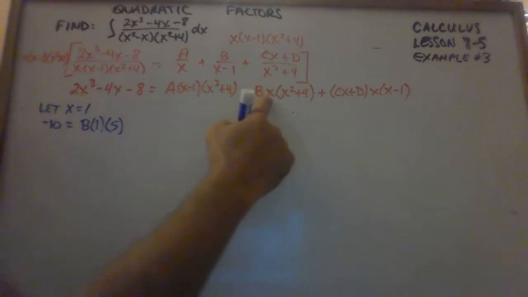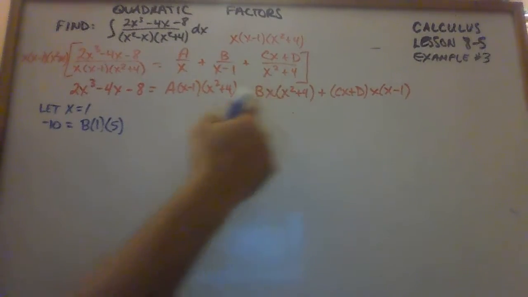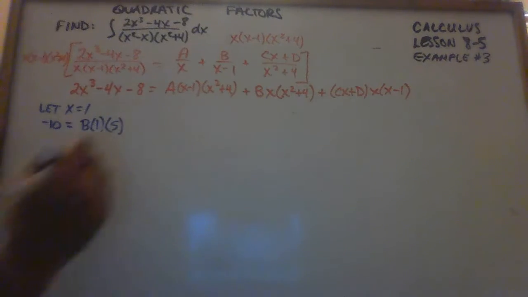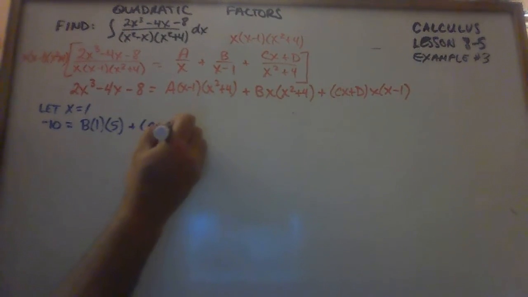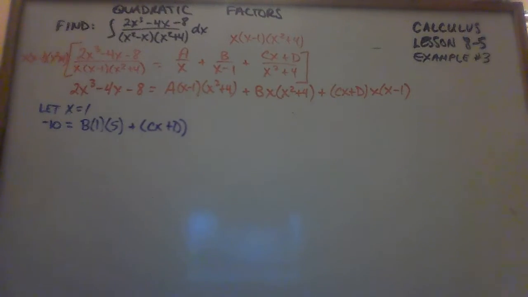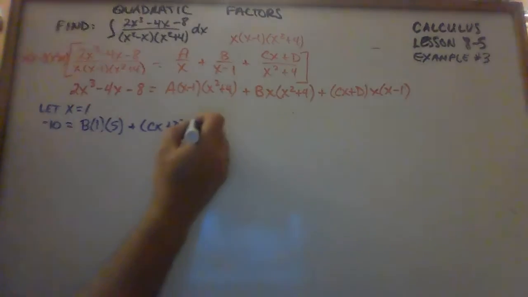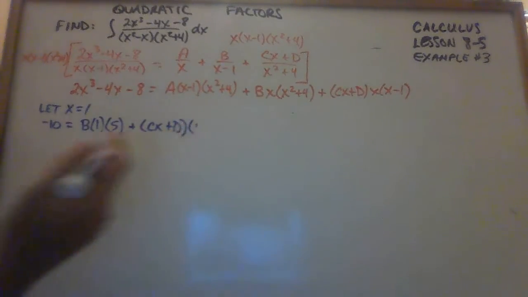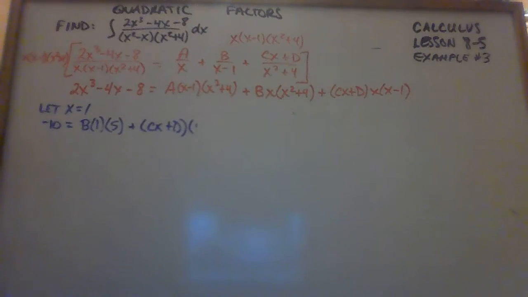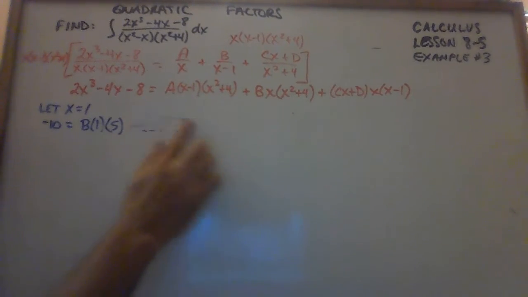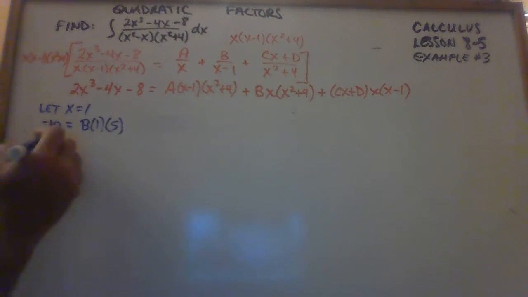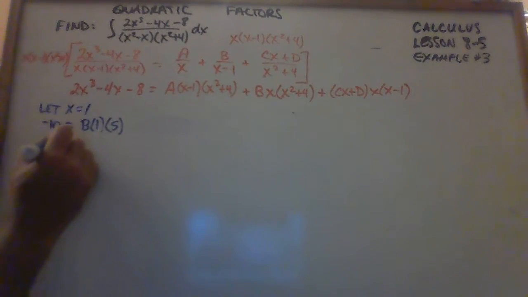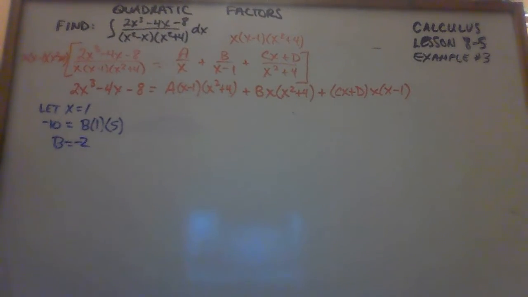Remember, I'm putting the 1 in for x. So 1, and this is 1 plus 4 is 5, plus (Cx plus D) times 1 minus 1, which is 0, so that goes away. So I don't need this at all. So 5B equals negative 10, so B is negative 2. So we know what B is. That worked out pretty good.